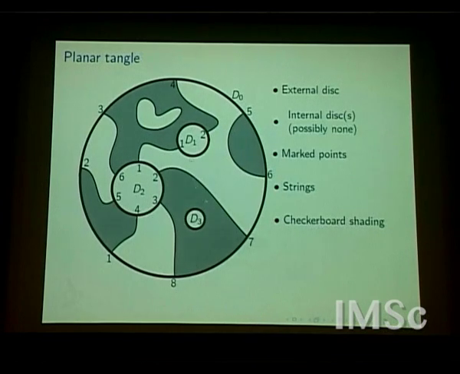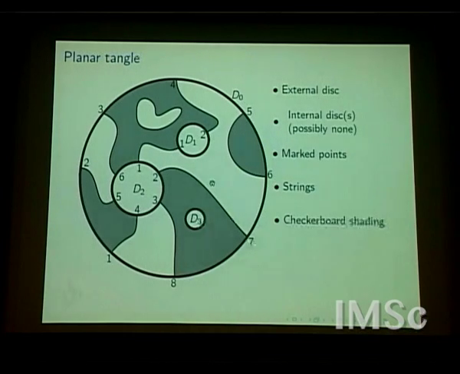And now once you have a shading, the numbering becomes irrelevant, because for example the numbering is done clockwise on each disk, and what you can do is between the last and the first point, you put a sign plus or minus depending upon whether it is shaded or unshaded, and then you can recover the numbering going clockwise.